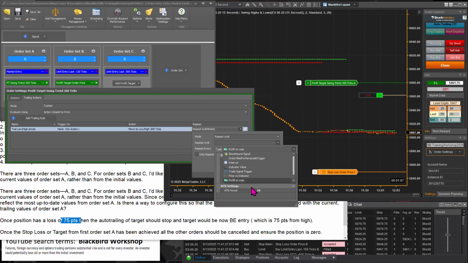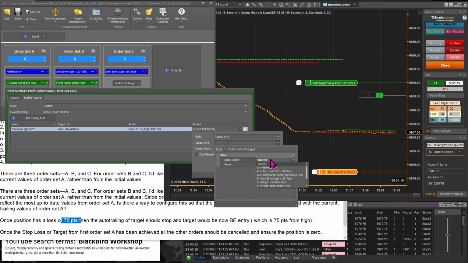So let's see here. There it is. If I scroll down a little bit, I have the order status changed. And this was my initial thought, the simplest way to do this: we'll monitor to see when the limit entry order for C is filled.